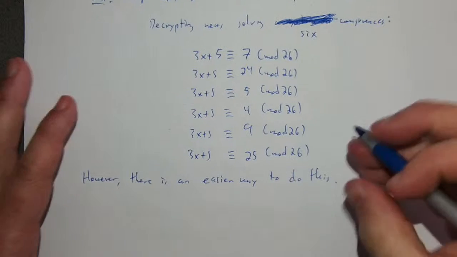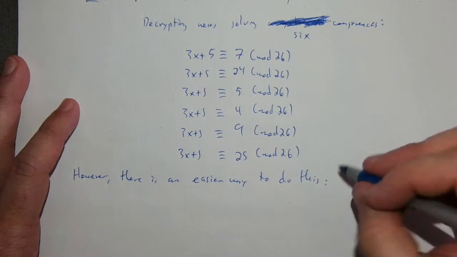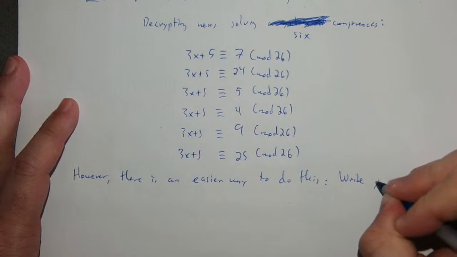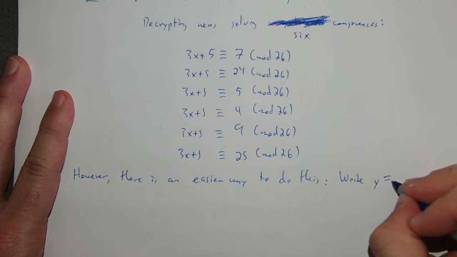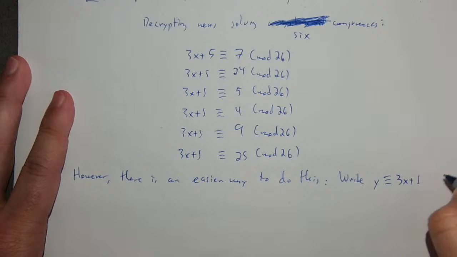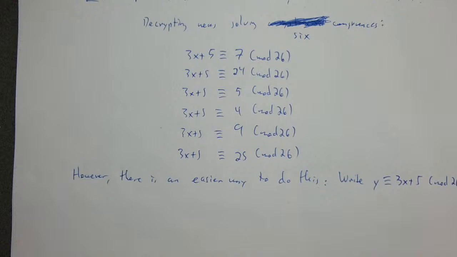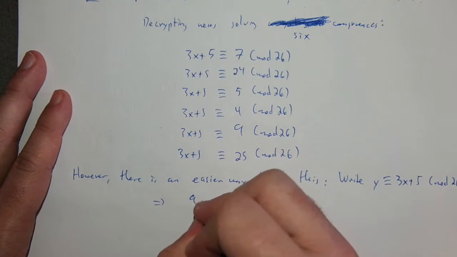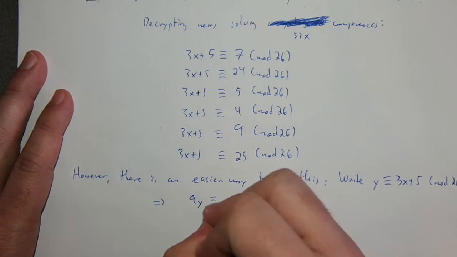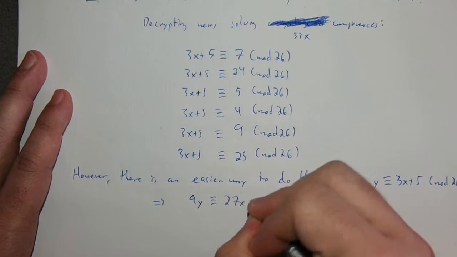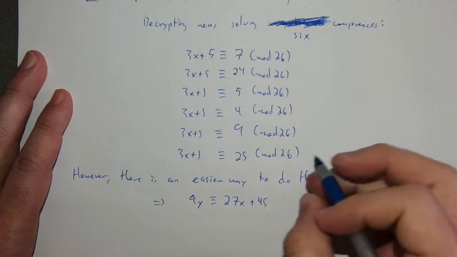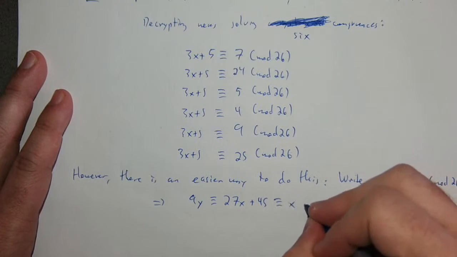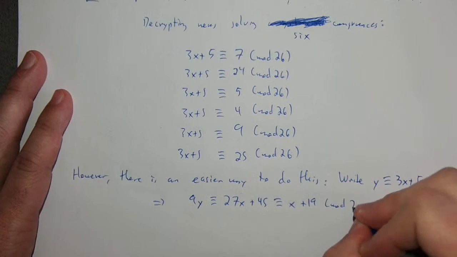Write y is congruent to 3x plus 5 mod 26. Multiply both sides by 9. That means that 9y is congruent to 27x plus 45, which is congruent to x plus 19 mod 26.